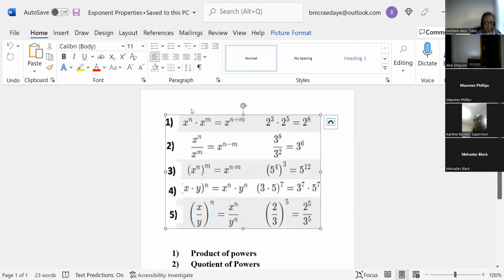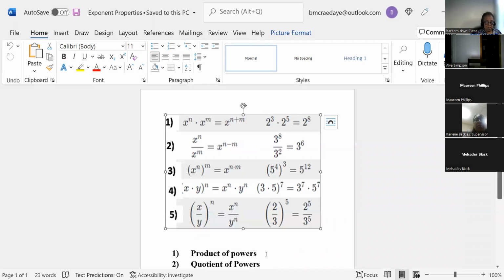x to the n times, the dot means multiplication, x to the m, and you add the exponents. That's called the product of powers. Product is what you get when you do what operation, Maureen? Multiply, that's right.